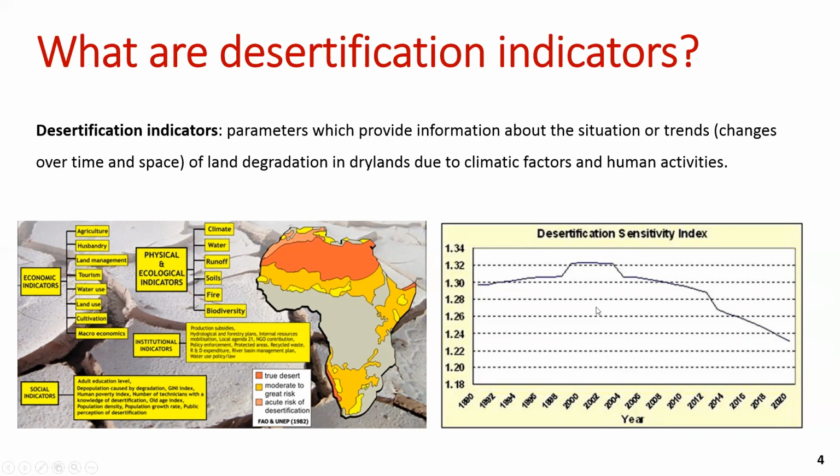In a simple way, indicators can later help us come up with a conclusion. It will tell us whether, for example, the land is degraded or not degraded, or what is exactly happening with this land over time. So to get this conclusion, we need some parameters that tell us what is exactly happening on this land when it comes to land degradation.